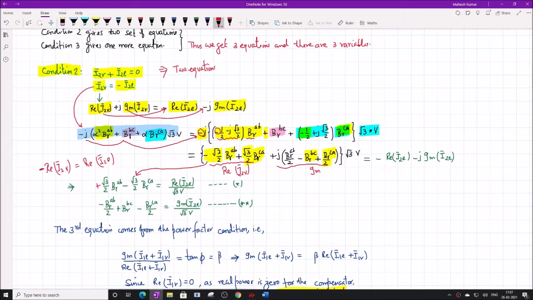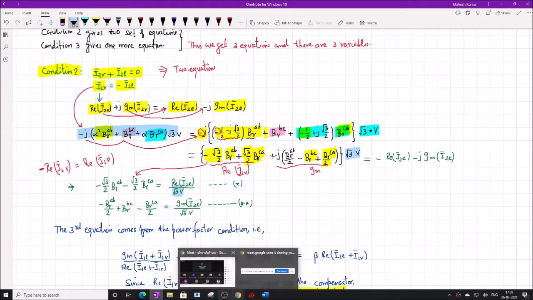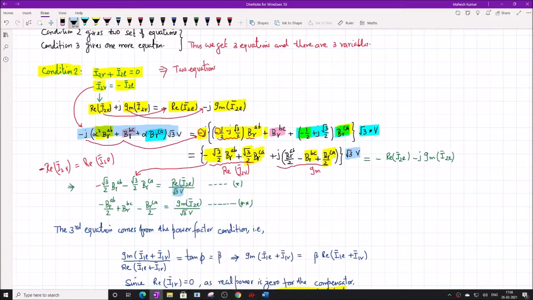This factor I want to bring this side, so this factor is root 3b. Okay, so this factor is being taken this side here, and therefore this is the first equation from the second condition.